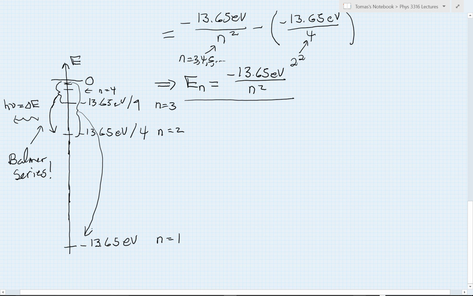And they're so high, if these made photons, their frequencies are so high, this would be in the far ultraviolet, the far UV. But it turns out these were eventually discovered and observed. And there's a whole additional series called the Lyman series of lines in the far UV.